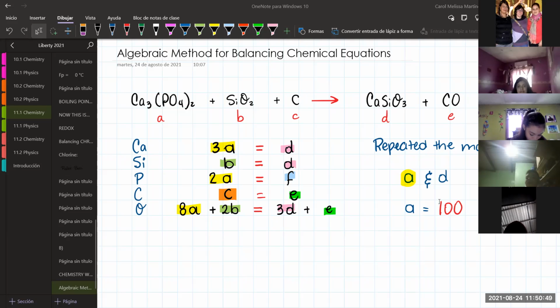And you know, simplifying 100 is not complex, but it takes time, okay? So I totally recommend to use small numbers. What number would you like me to use in A? What number do you want me to use in A?